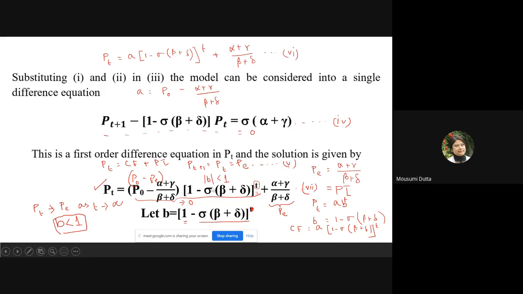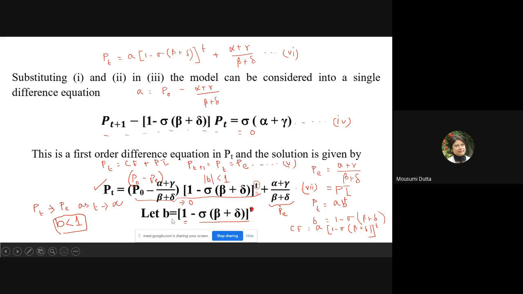And in this case, modulus B less than 1, this condition is also satisfied. So for that matter, you will have monotonic convergent time path of price.